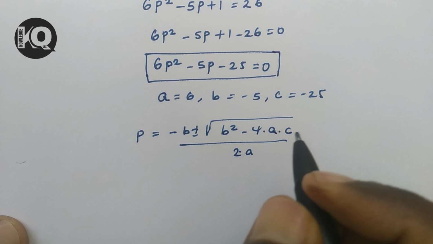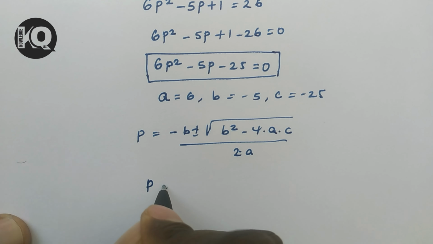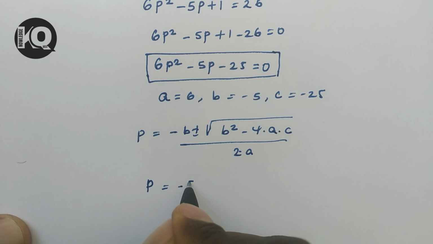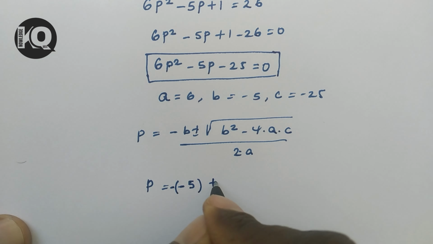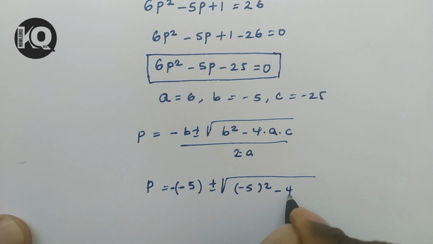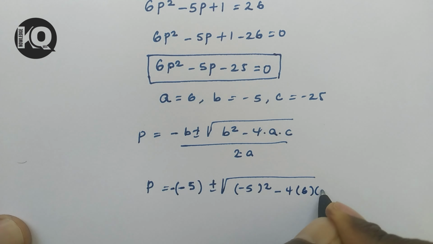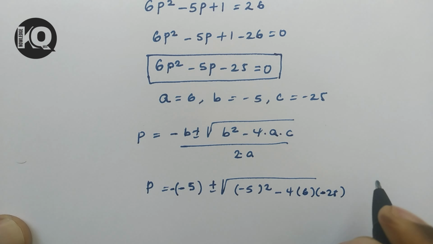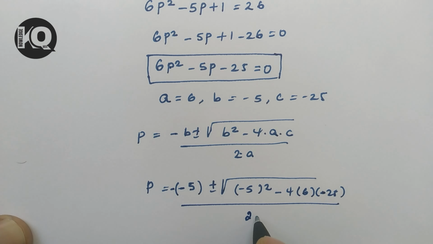So let's substitute the value of each coefficient into this formula. p is equal to minus minus 5 plus or minus the square root of minus 5 squared minus 4 times 6 times minus 25, divided by 2 times 6.